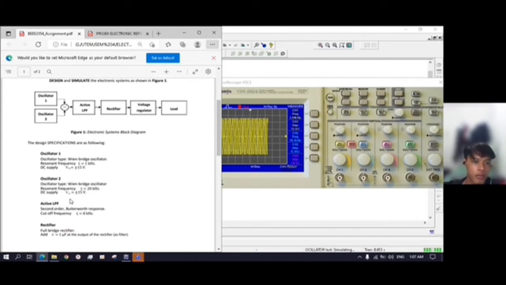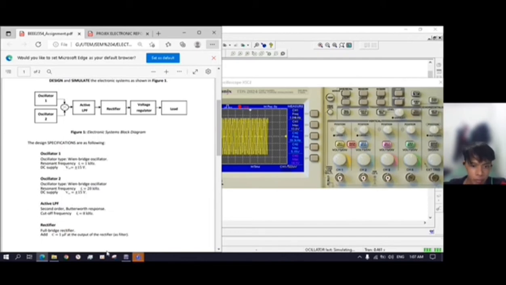Now we go to the task. In the task we are given the guideline, which means we have to use the Wein bridge oscillator and produce an output of 1 kHz, and the DC supply for the op-amp is 15 volt.